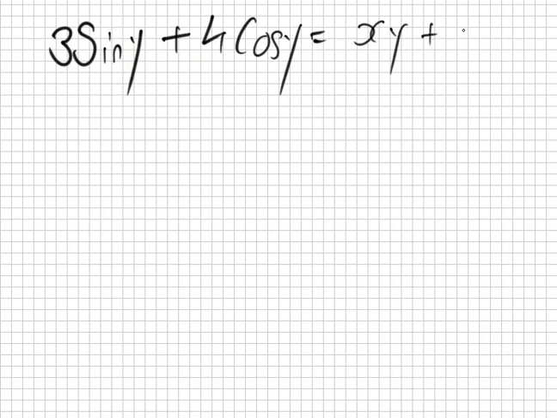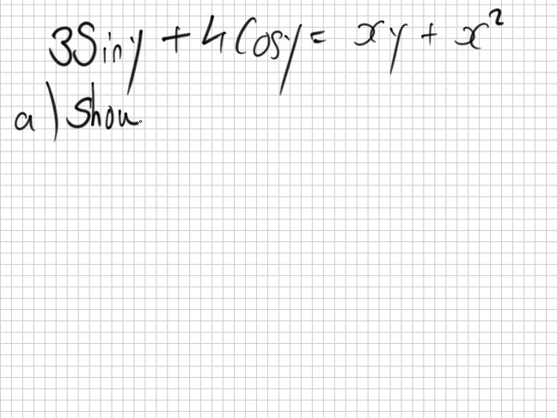3 sine y plus 4 cos y equals xy plus x squared. And question the first is what? Show that the curve crosses the x-axis when x is 2 or minus 2. So what I want to show is that it crosses the x-axis at plus or minus 2.